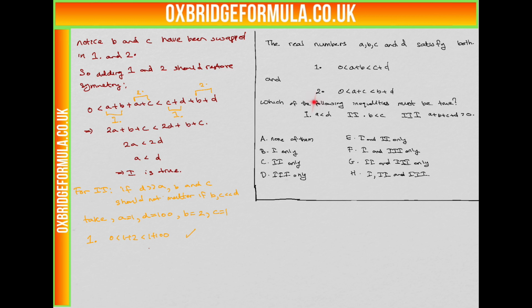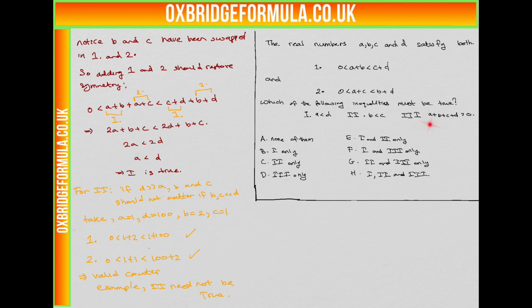And if we check inequality 2, a plus c is 1 plus 1, and d plus b is 100 plus 2, and this inequality is true. So if I pick these numbers, then these two things are true, but b is not less than c, because we chose b to be 2 and c to be 1. So that means this is a valid counterexample, so 2 does not need to be true.